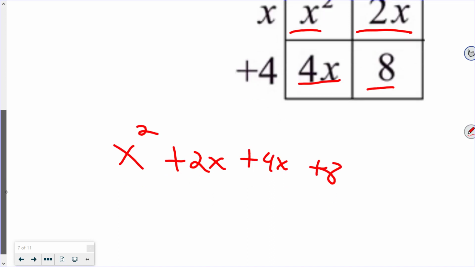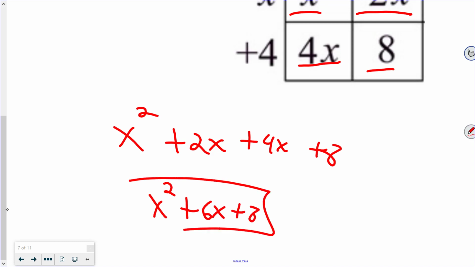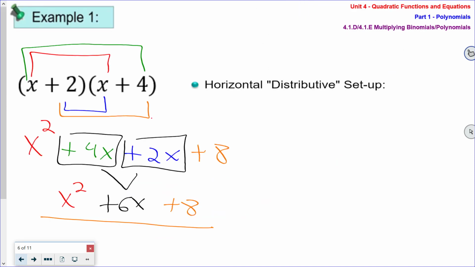And then we'll combine like terms and we are done. X squared plus 6x plus 8. As you can see, both methods yield the same results. X squared plus 6x plus 8 using the grid setup. X squared plus 6x plus 8 using the horizontal distributive setup.